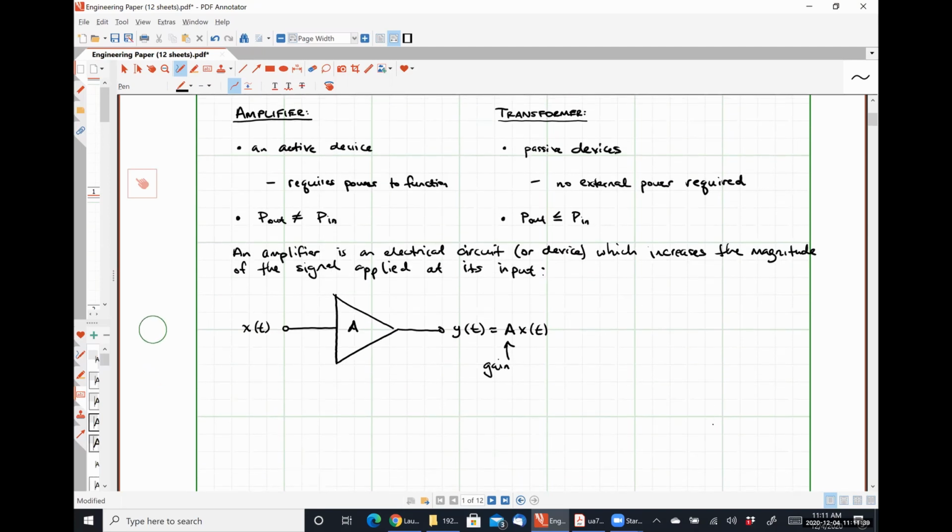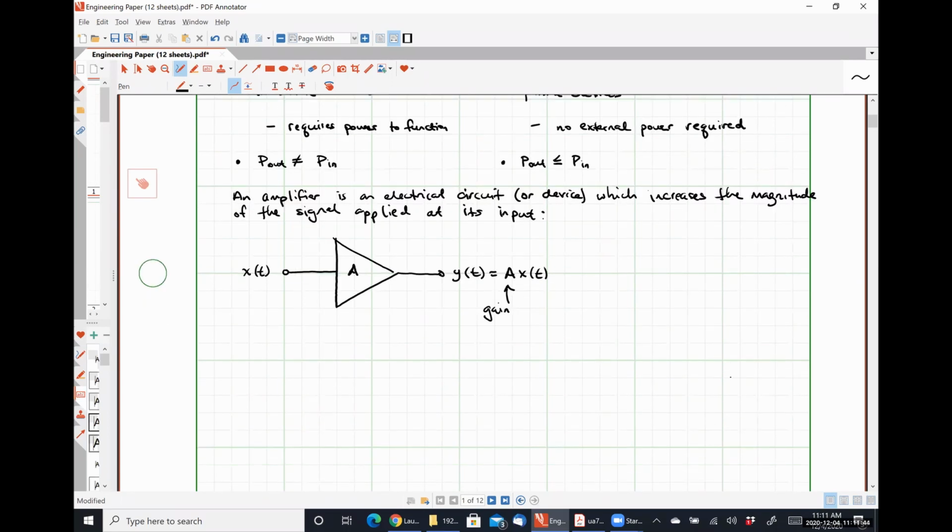So, we are going to be looking at amplifiers, at least for a bit, as a black box circuit. So another way that we could represent this exact same thing, let's say that we have an input signal x of t.